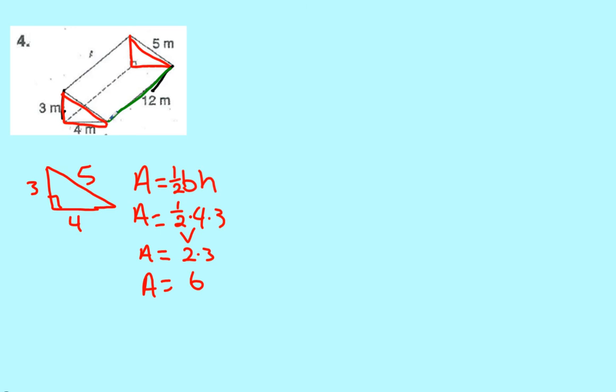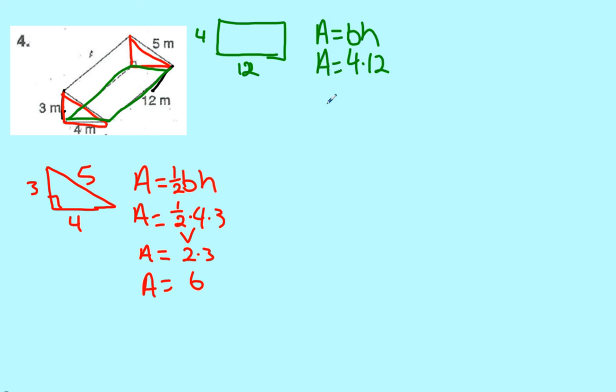So if we were to look at this one on the very bottom, this rectangle is 4 by 12. We know area of that is base times height, or 4 times 12. And that's going to give us 48 square meters.